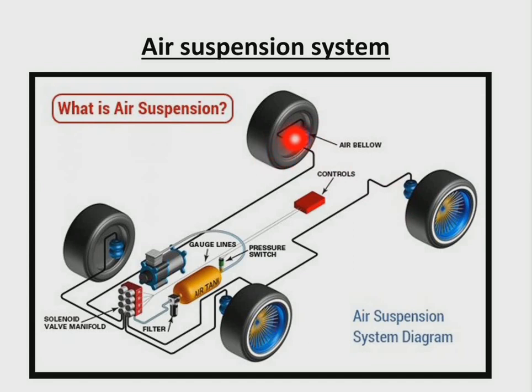There is an air bellow, and in this, air is stored. When one of the wheels is compressed, the air from the bellow passes through the valve to the chamber and to the tank, and the air tank maintains the pressure of the total system.